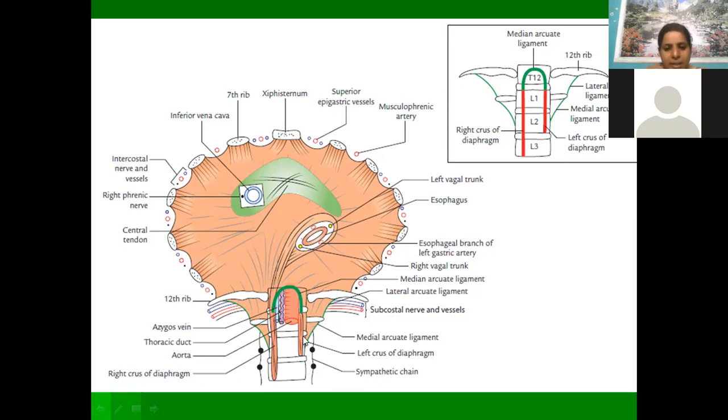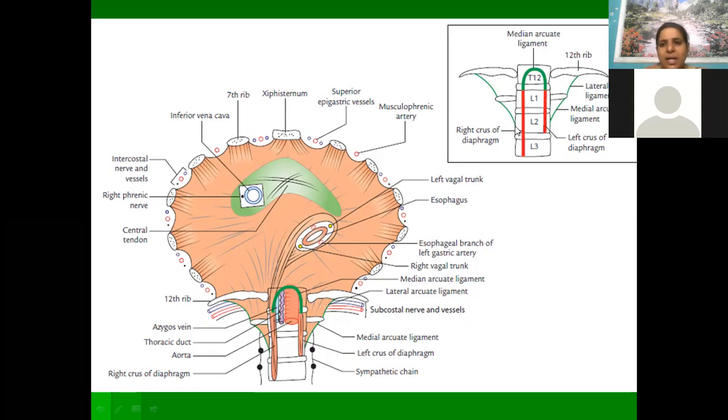So connecting these, you are finding the medial arcuate ligament. Now from the tip of the transverse process to the last rib, you have one more extension, you call it the lateral arcuate ligament. Here also you can see the median arcuate ligament, then we have the medial arcuate ligament, and the lateral arcuate.